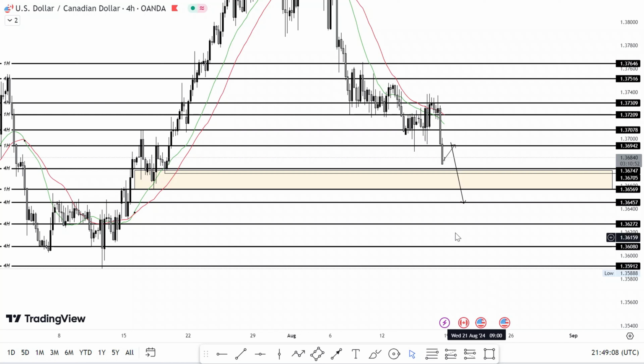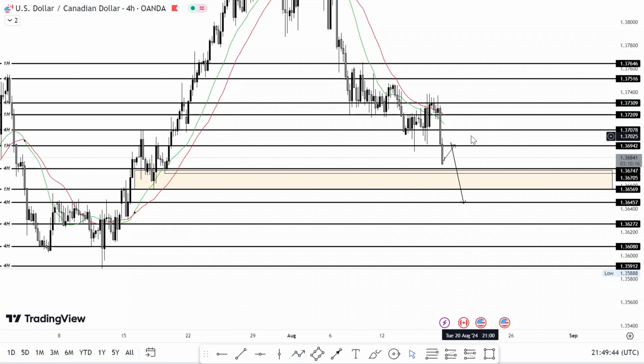Why I'm saying it will probably drop to 1.36457 is because we have a support zone here which the market can use as a liquidity grab before actually reversing to the upside. So price can actually pull back, use this level as a liquidity grab, before we can see a change in price direction.